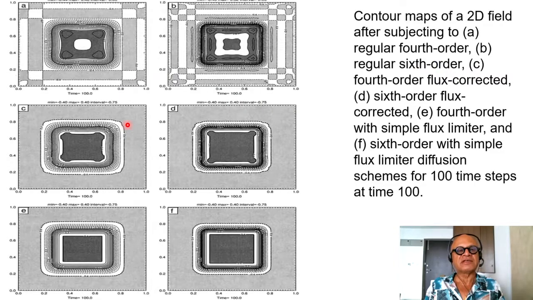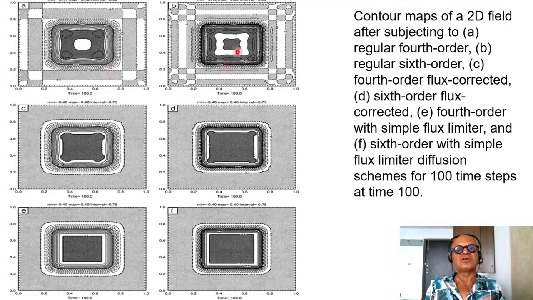So there are numerical estimations and advections of fluxes to be corrected. You can see some of that approximately here. So this is showing some 2D field after subjecting it to a regular fourth order scheme. It has issues at the boundaries, as you can see, compared to these, for example, in terms of the distribution.